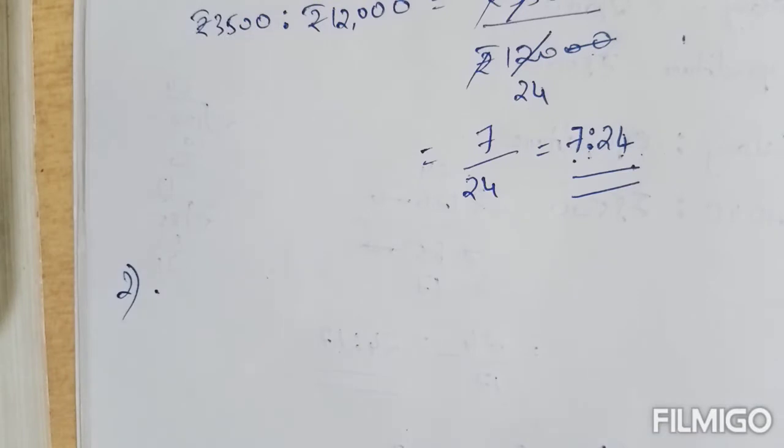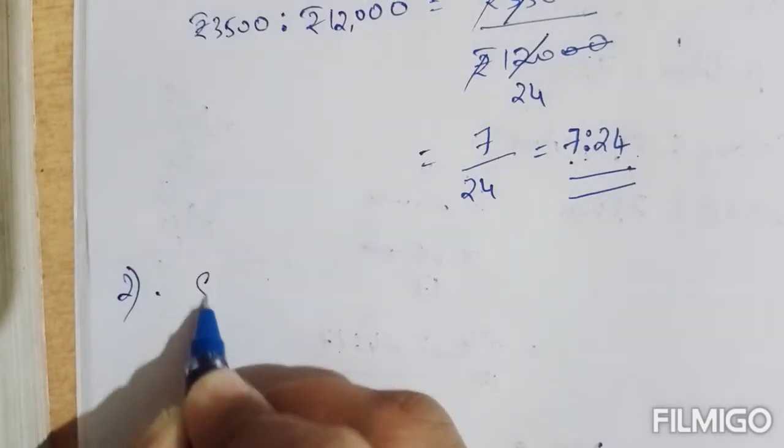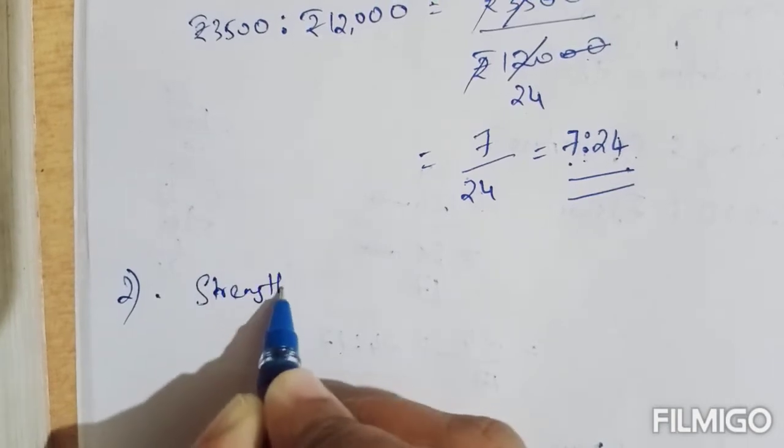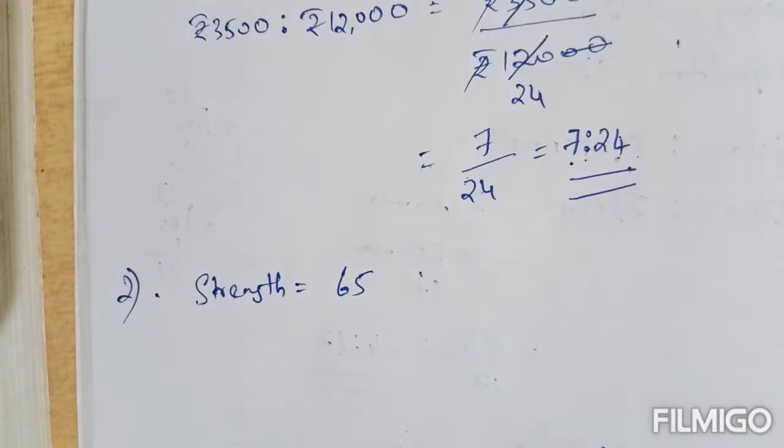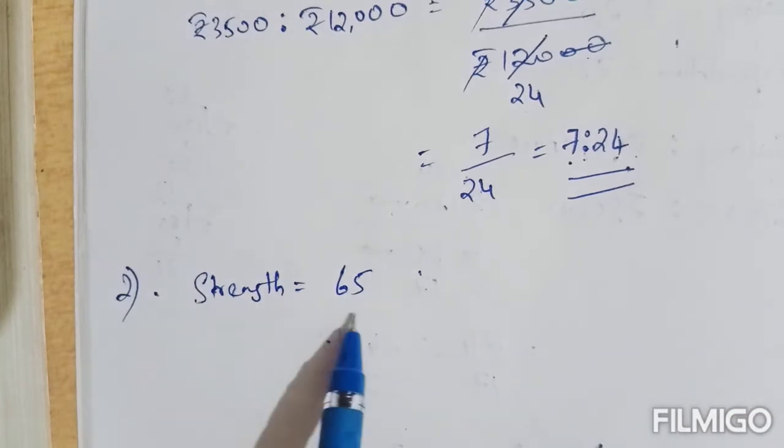Second question, the strength of a class is 65, including 30 girls. Find the ratio of, in the first one, girls to boys. So given in the question, the total strength of the class is 65. In total, 65 students are there in that class, including 30 girls.